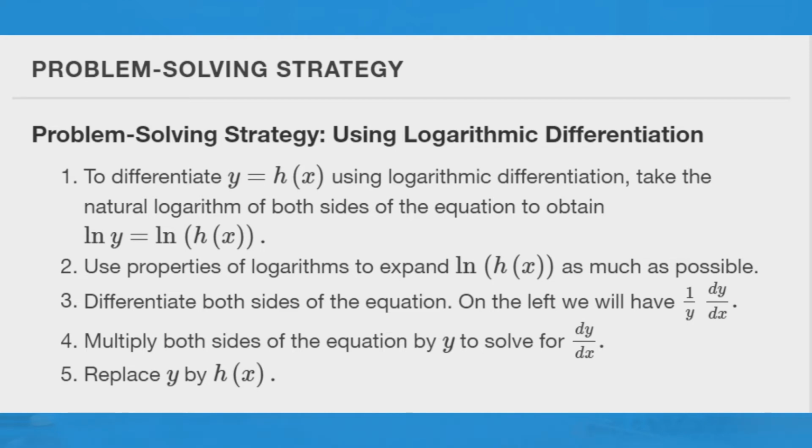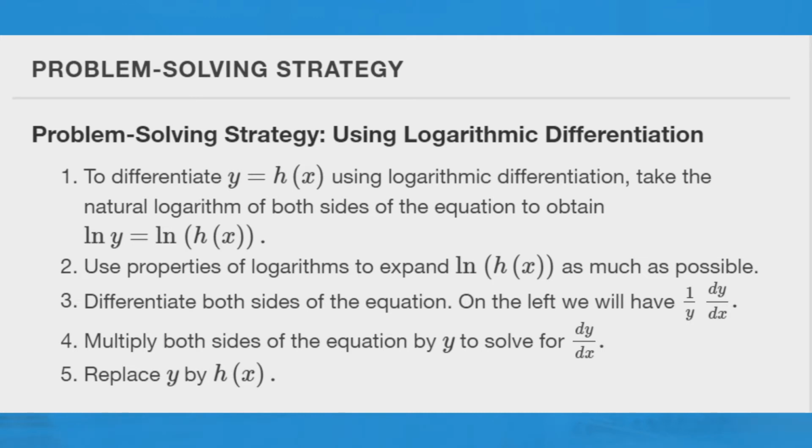So what we could do is take the natural log of both sides, and by taking the natural log of both sides, you're going to have ln of y is equal to ln of h. Now you can expand ln of h as needed.